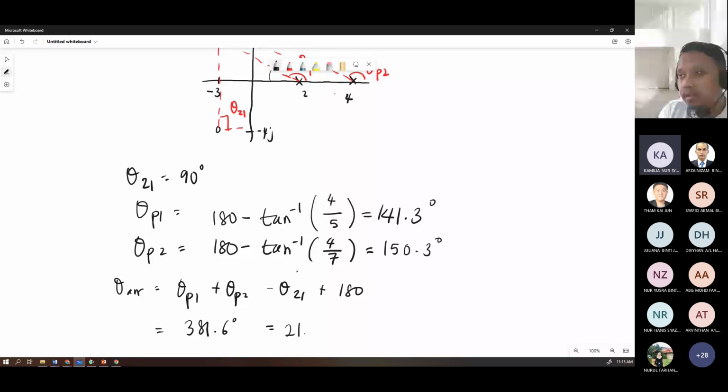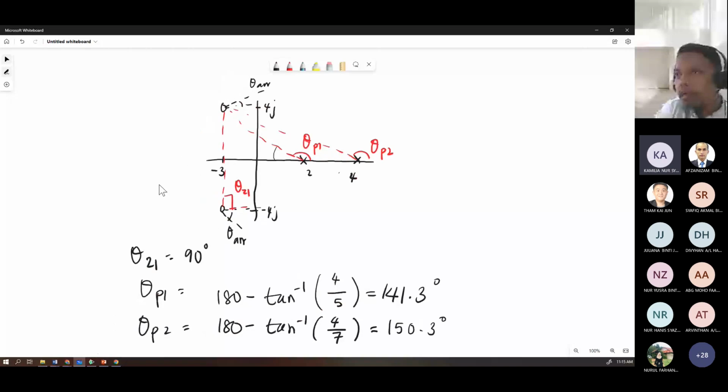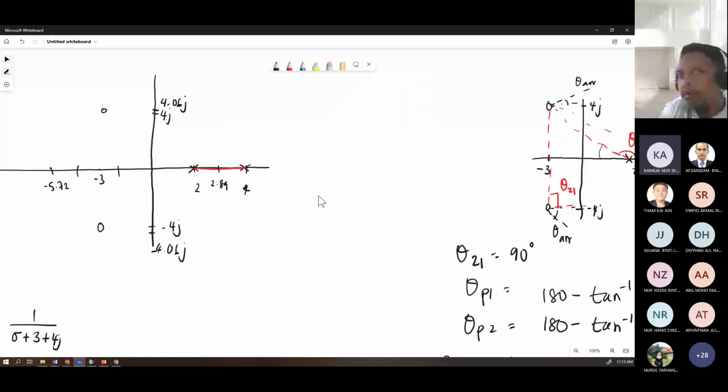So it's about 21.6 degrees. So the angle is something about this, like this. And then from here, you can sketch the angle on the S-plane.